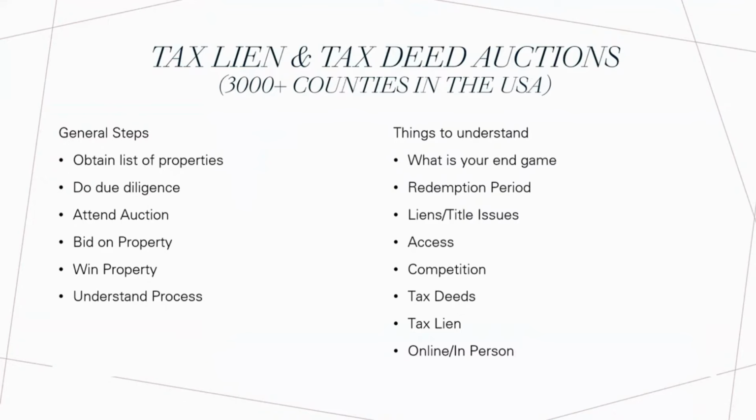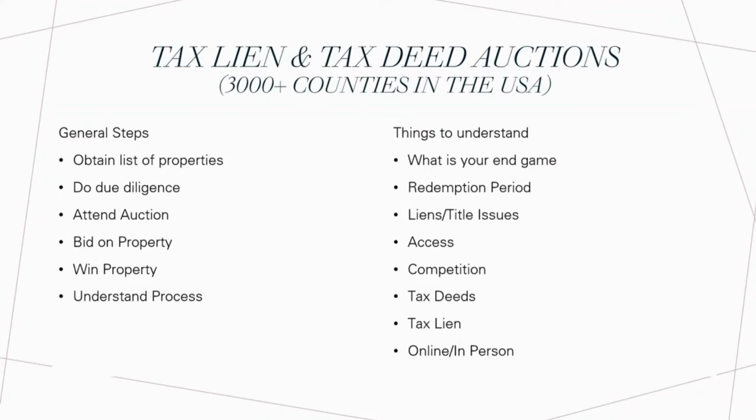And every county has a different way to go about doing things. Now, half of the counties in the United States are tax lien areas or tax lien counties. The other half are mostly tax deed areas.